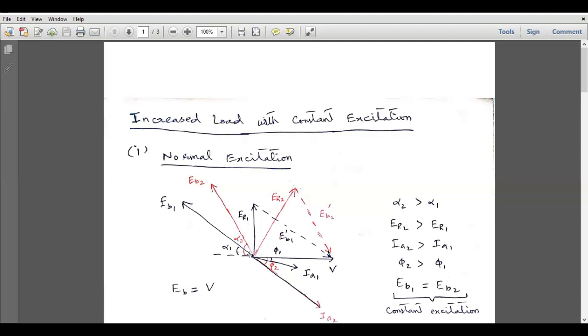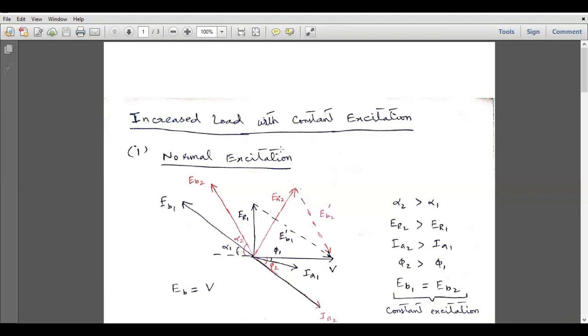So first we will consider one load. Initially the back EMF is EB1 and the angle is alpha 1, where alpha 1 is the load angle, and this is the applied voltage. Whenever we increase the load, this angle alpha 1 increases, and when we decrease the load, this angle decreases, and the length of the back EMF vector remains the same.